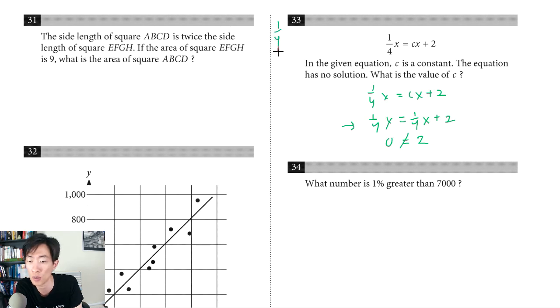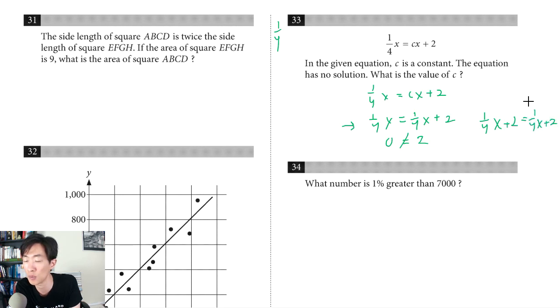be 1/4. By the way, if you wanted to find a value for c in which the equation has infinite solutions, that's actually going to be much harder. Typically on the SAT, what you'd want to do is manipulate the equation two ways. You'd want to say 1/4 x plus 2 equals 1/4 x plus 2.